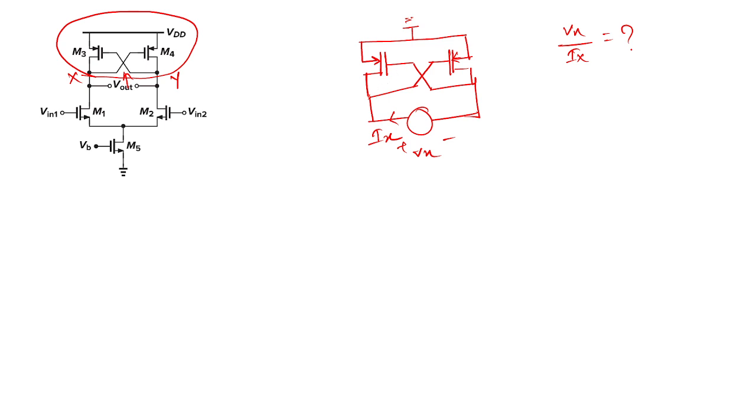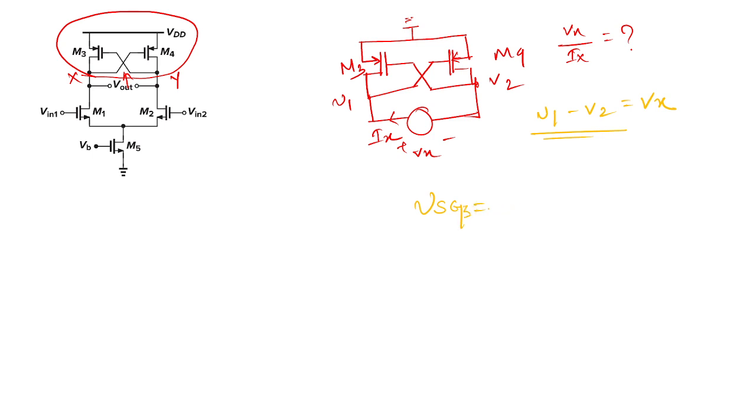Now let us consider this node voltage as V1, and this node voltage as V2, and this is M3, and this is M4. Now you can write V1 minus V2 is equal to Vx. If you consider transistor M3, what is the value of VSG3?